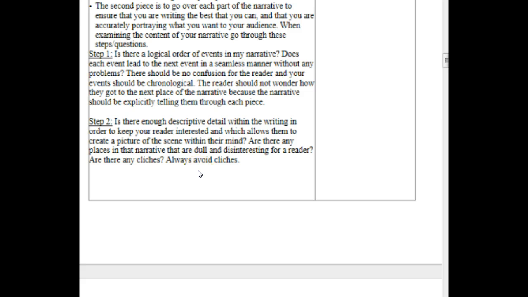Who's to say if there are enough descriptive details, if there are any places in the narrative that are dull and disinteresting? If it was a moment designed to do nothing but move along the plot, maybe I didn't want to stay there and build in a lot of descriptive detail. But in a moment when it's really climactic for my protagonist, I do want to stay there and provide a lot of descriptive detail to help people get into that moment.